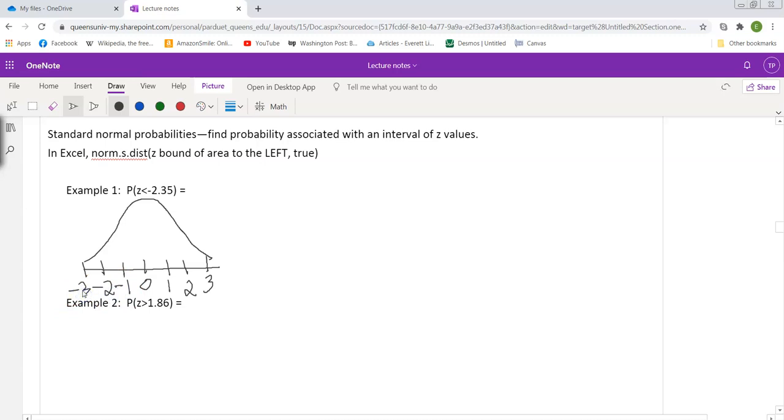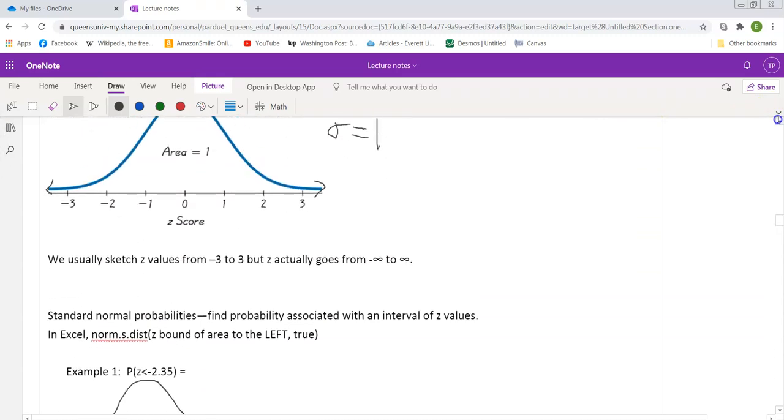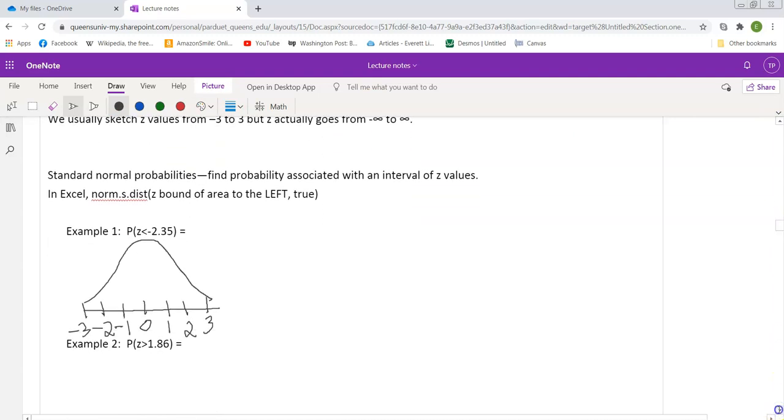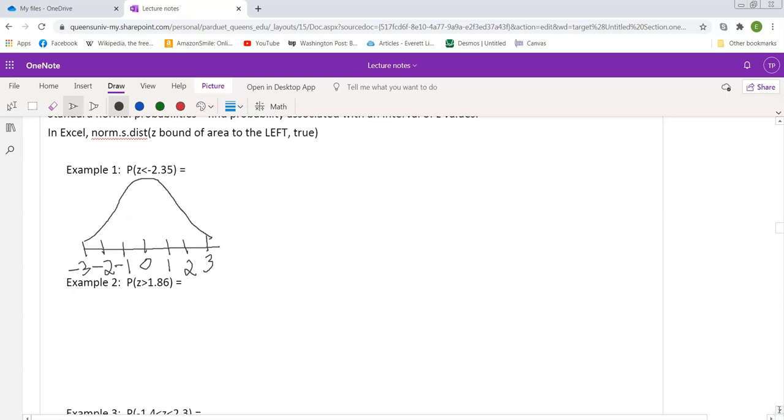If it's easier for you, rather than sketching, you can just copy this picture over and over again and draw right on it. That's totally fine. So we are looking for the probability that z is less than -2.35. So -2.35 on this number line down here is right about here.